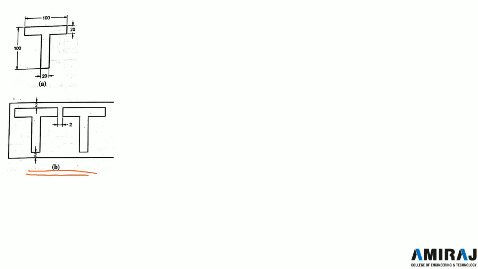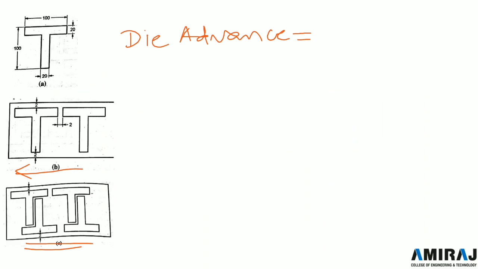Now, figure B was for the single pass layout, and figure C shows the double pass layout. Here in a single die advance there will be two cuts. So for arrangement C, the die advance will be the same: the die will advance in this direction by 102 mm, that is 100 plus 2.